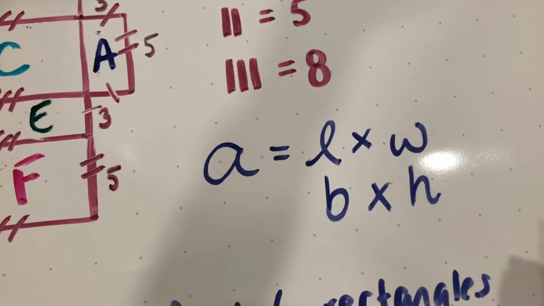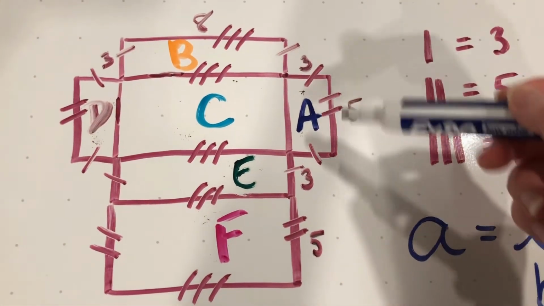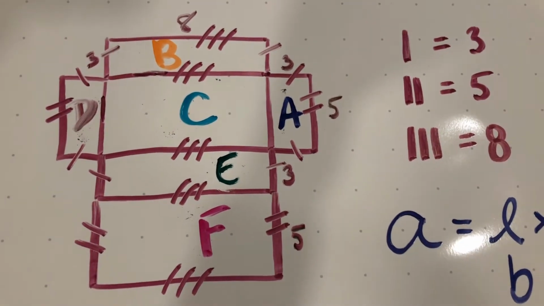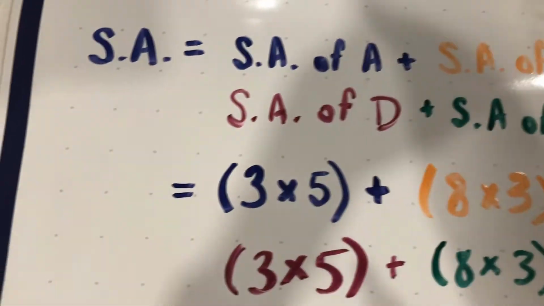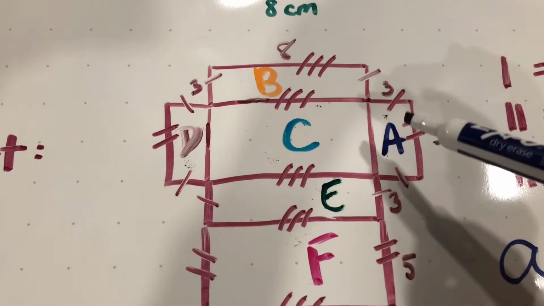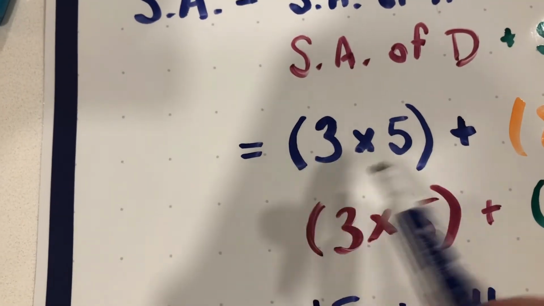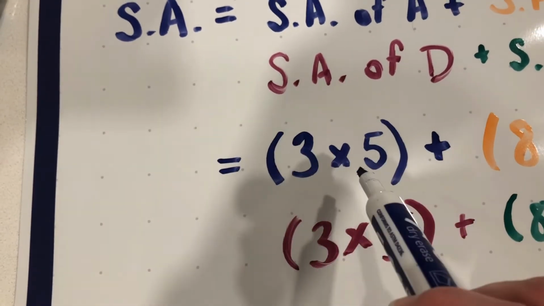Either of those will give you your area. So we can see that 3 times 5 is going to give us our area of A. So going back down here, surface area of A, 5 times 3, or 3 times 5. So we've got that one done.